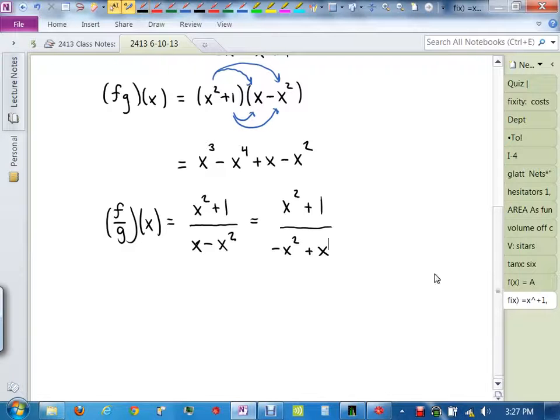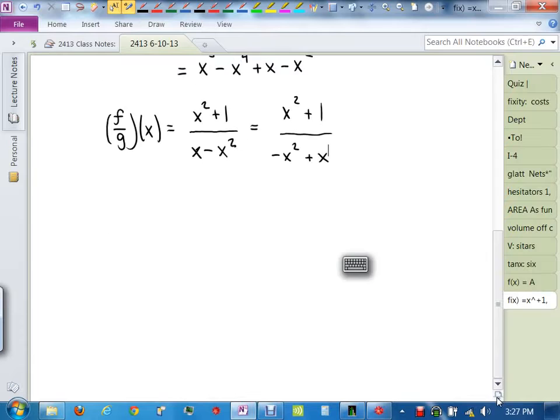You use long division. X squared, 1. Now, I left a gap in here. Why did I leave a gap? I don't have an x, right? So I just left a gap for any x terms. So that's x squared plus 1. I'm dividing that by what? Negative x squared plus x.